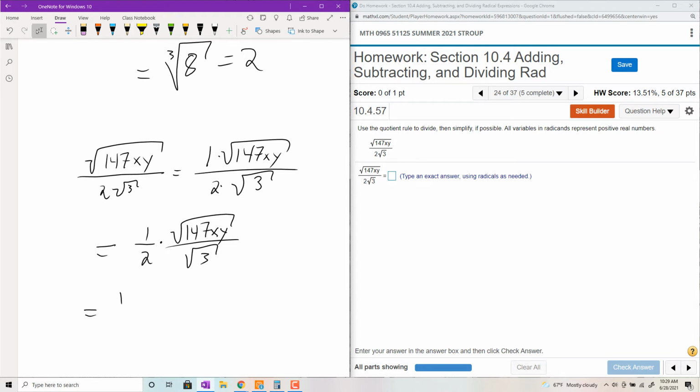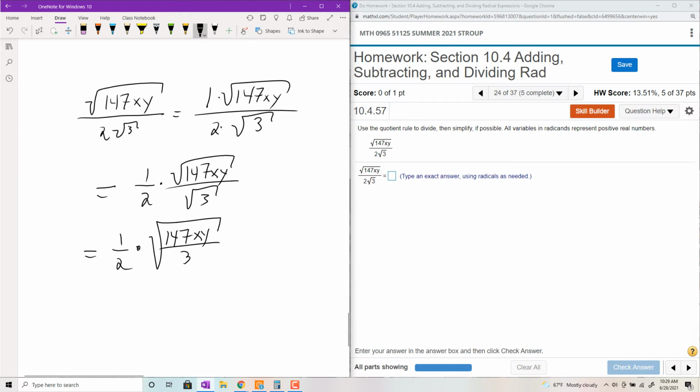and then you could use the quotient property to rewrite it as 1 square root like that, and then you could divide the 147 by 3. So what is that? 49. Then you get a nice number that you can take the square root of.